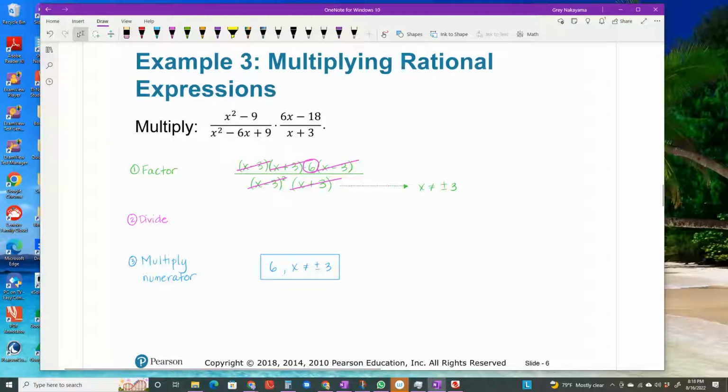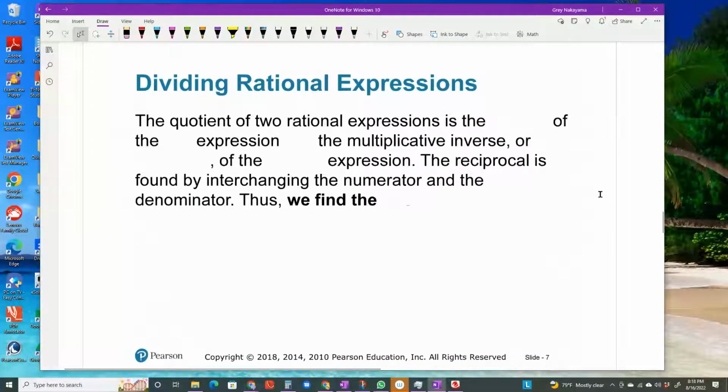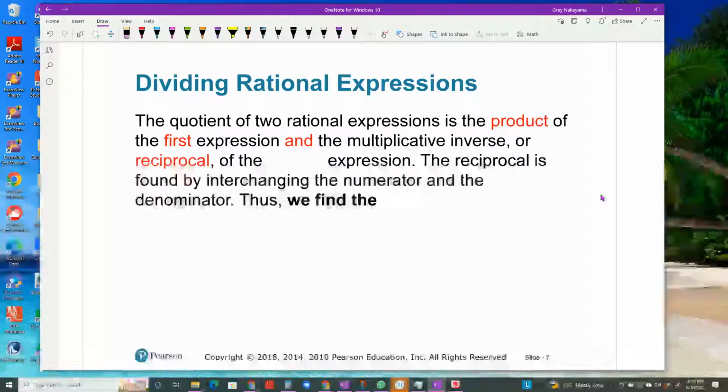Okay, let's talk about dividing. Dividing rational expressions, just like dividing fractions, because a rational expression is a fancy way of talking about a fraction. It just means it's going to have a variable in it. So the quotient of two rational expressions is the product of the first and the multiplicative inverse of the second, or the reciprocal of the second expression.